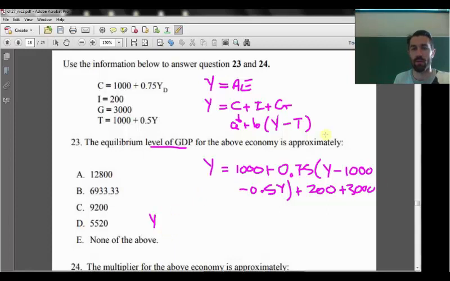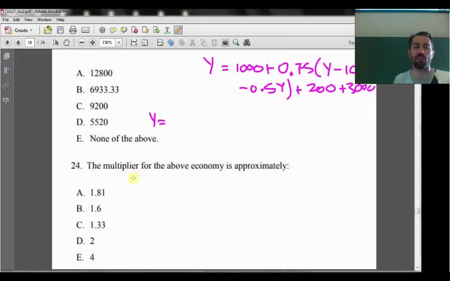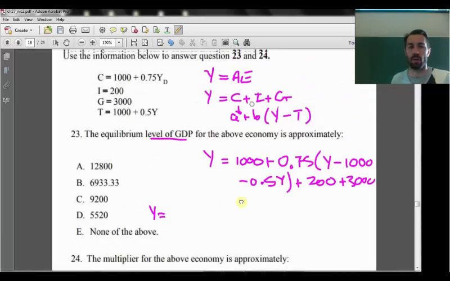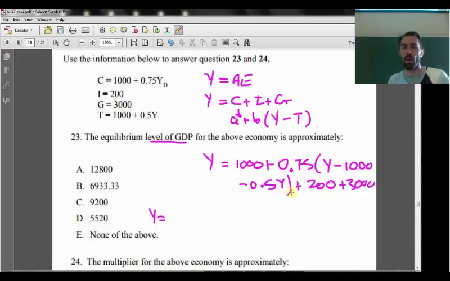So I can either rearrange it and then calculate the multiplier and the autonomous components, or I can just work the multiplier into my calculation now. I'm going to calculate the multiplier because question 24 says what is the multiplier. So I'm going to kill 2 birds with 1 stone here.